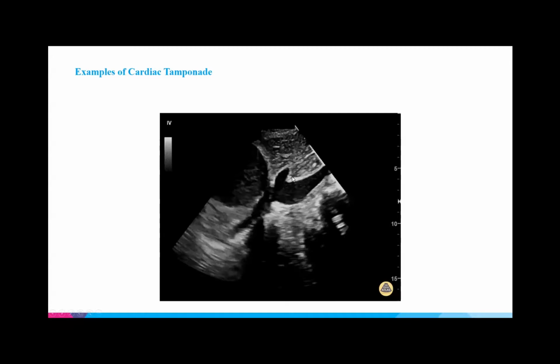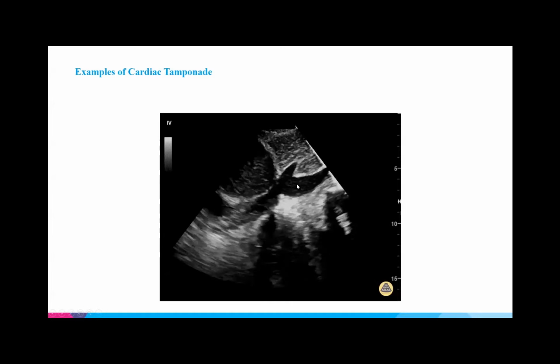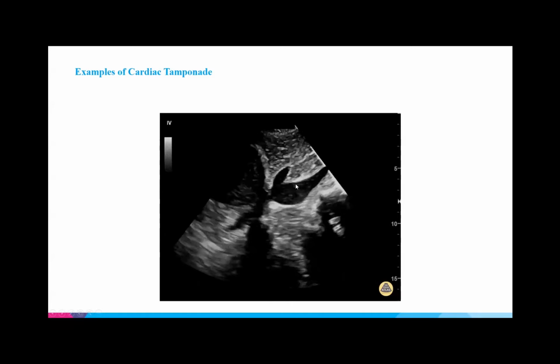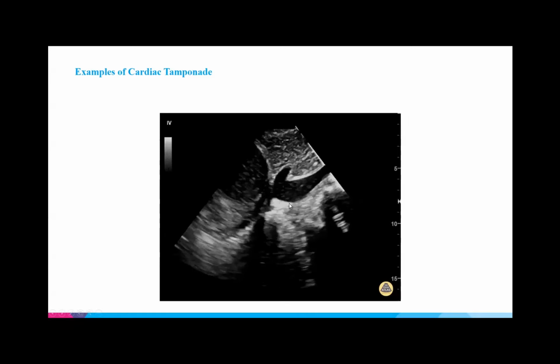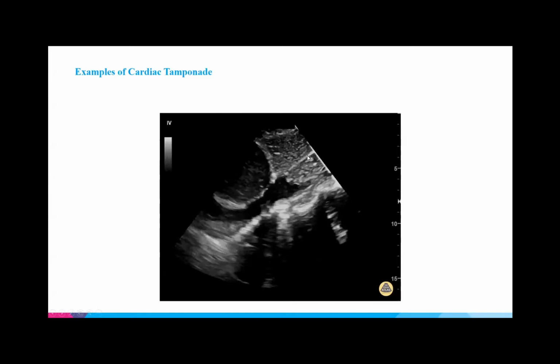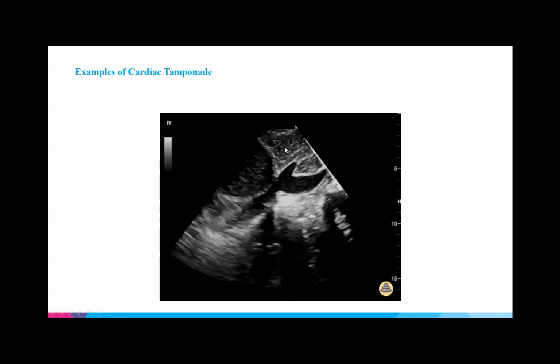You always want to measure it about 2 to 3 centimeters from the entry point towards the right atrium. If I were to measure, it would be around here, and it's about 2 centimeters. So it's pretty plump, not really that collapsible. That would be consistent with a tamponade picture if we're seeing signs of tamponade on the other views.